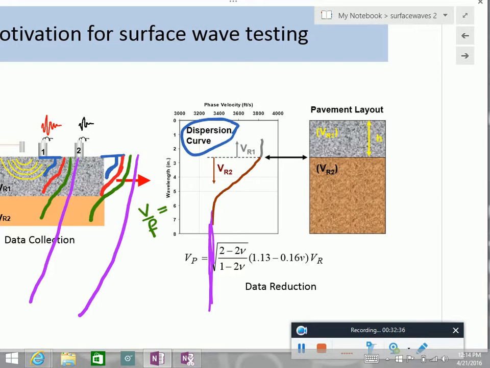You understand? It looks very easy when you look at it, but I've worked in the field. It's not always very straightforward. You have all sorts of things going on, and they can create some strange things. So to automate it, you have to make some rules. If you are only interested in the first layer, you really don't need inversion.